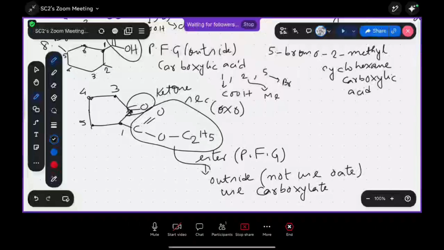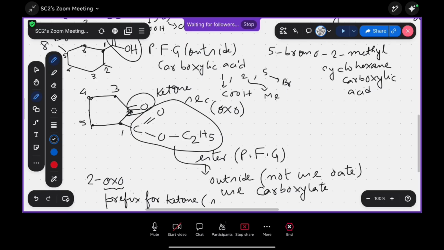So this becomes 2-oxo; at the 2 position there is a ketone. Oxo is the prefix for the ketone functional group when it behaves as the secondary functional group. 2-oxo cyclopentane.